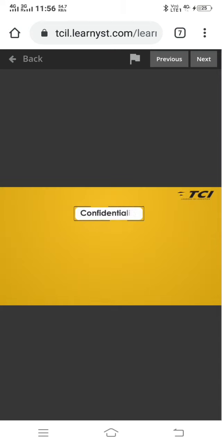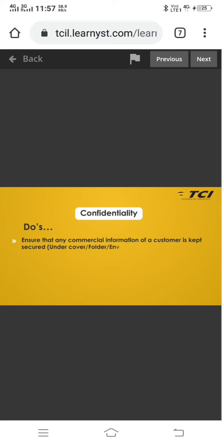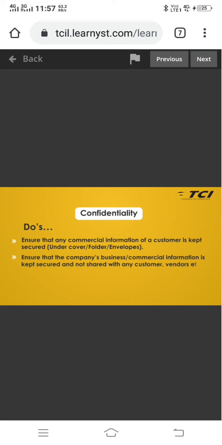Do's and don'ts regarding confidential information. Do's: ensure that any commercial information of a customer is kept secure under covers, folders, envelopes. Ensure that the company's business or commercial information is kept secured and not shared with any customer, vendors, etc. Return the information, documents, files once the purpose of the information is achieved.